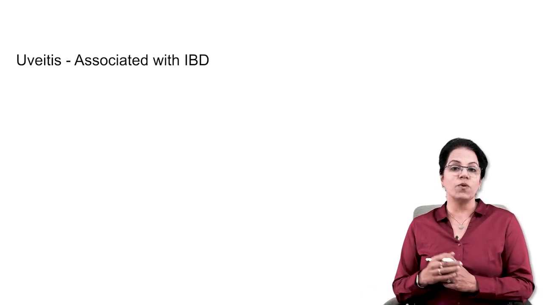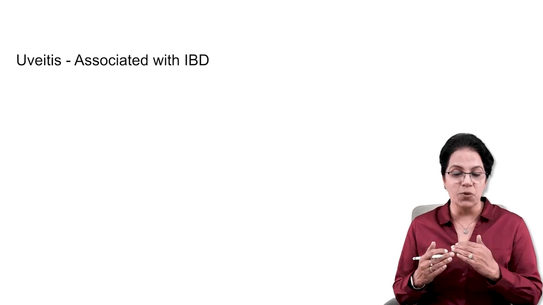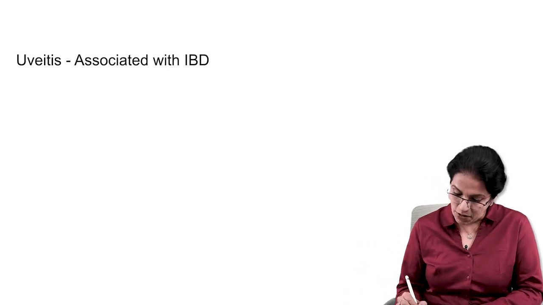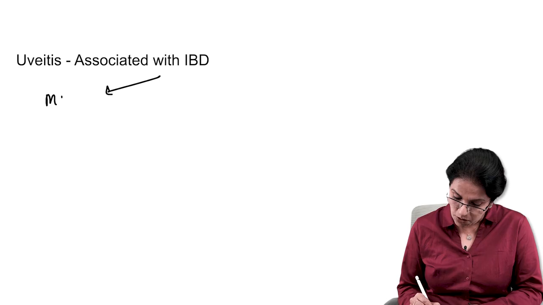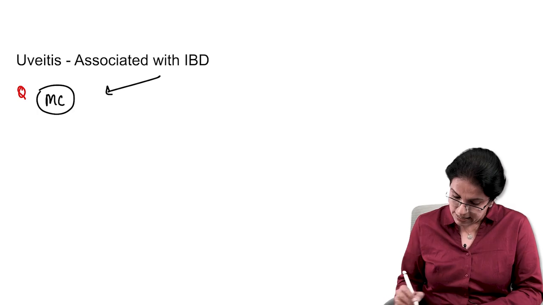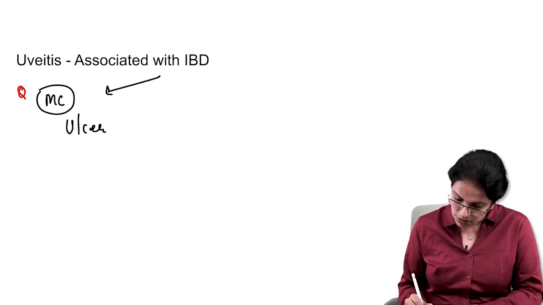Next association we will learn is uveitis associated with inflammatory bowel disease. This is important, which is most commonly involved, we will answer it: ulcerative colitis. Most common is ulcerative colitis.